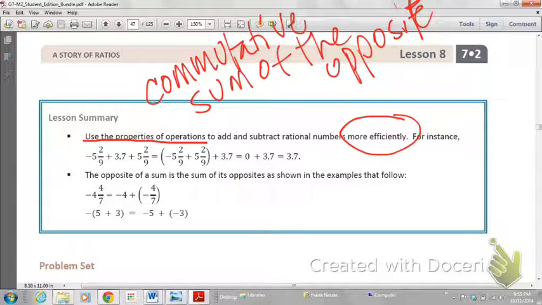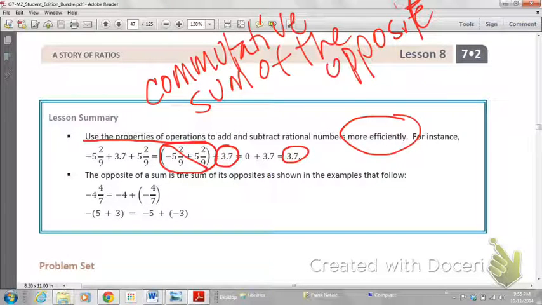Look at this one property of operations right here: 5 2/9 plus 3.7 plus 5 2/9. We recombine with the commutative property, put these together, and leave this one on its own. Then you see these two actually cancel out, that one is left by itself, and you get that answer.